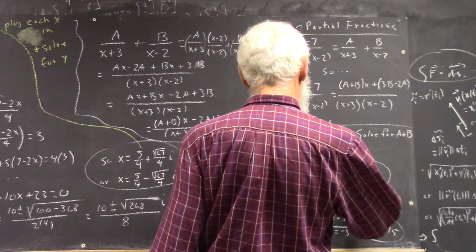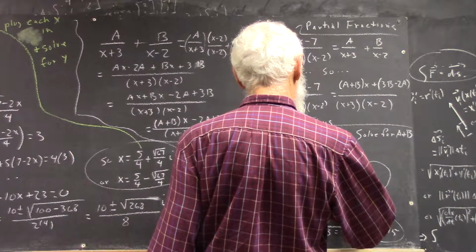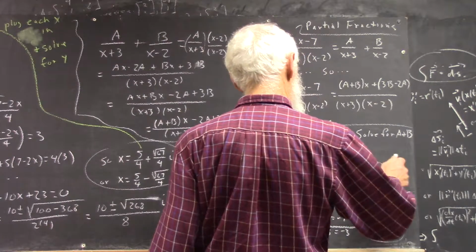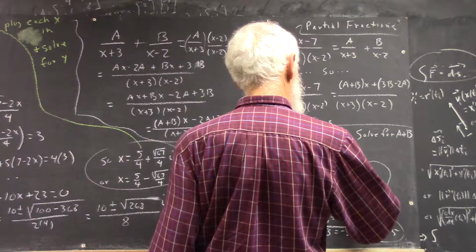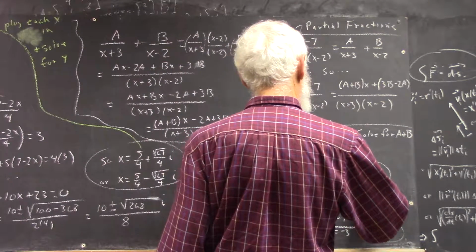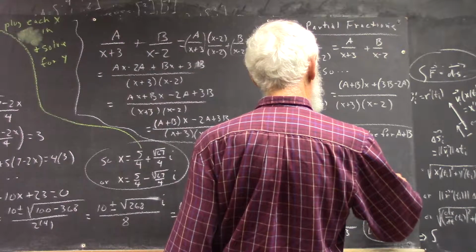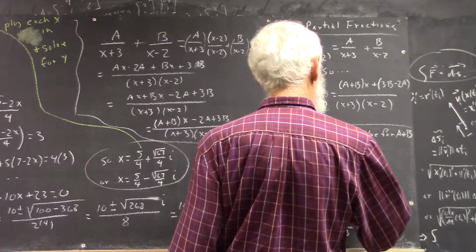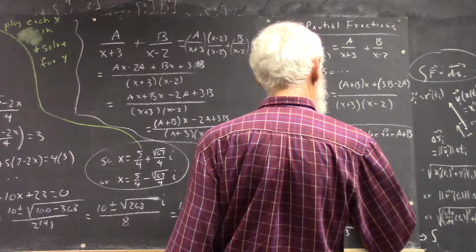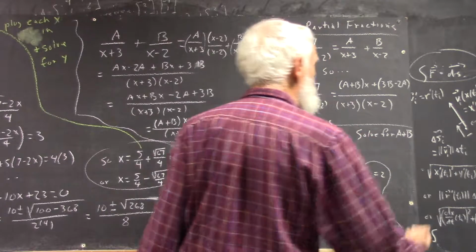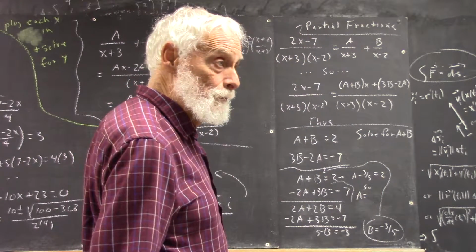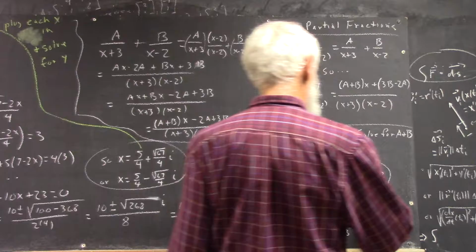We plug that in here. And out of that we get a minus 3/5 equals 2. So a equals 2 plus 3/5, which is 13/5.